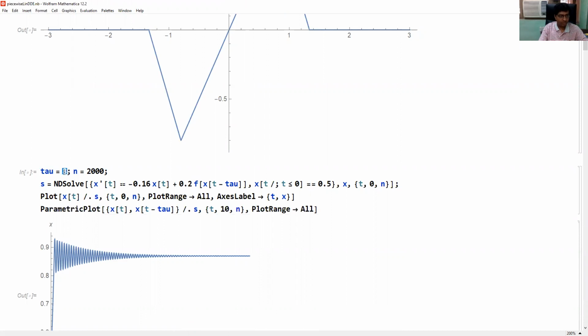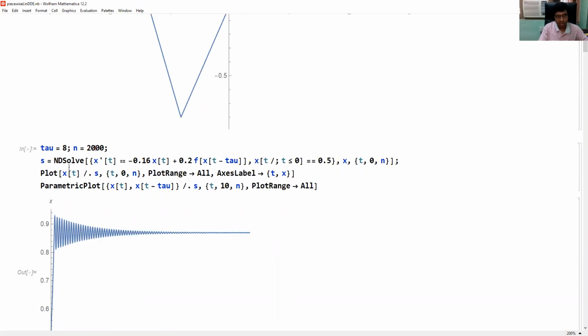First we take tau. We are going to change this value. Then n, the number of time steps, so time t is between 0 and n, and we are taking up to 2000. Then we are assigning some name s for this solution. NDSolve x dash of t equal to minus a x of t, where a is 0.16, plus b, which is 0.2, f of x of t minus tau.